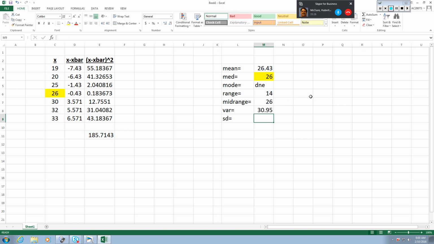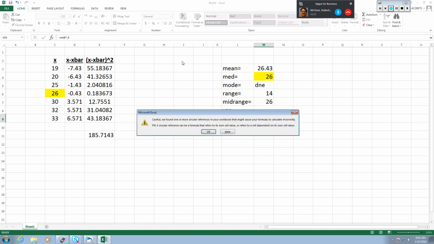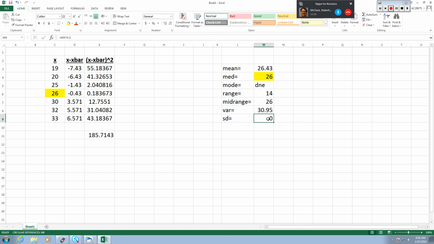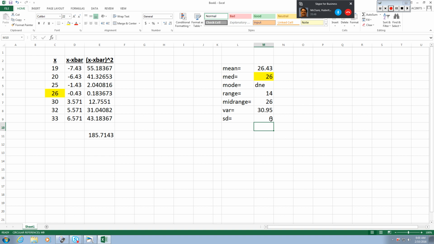And then what is the standard deviation? That number raised to the what? M9 raised to the 0.5 power. Is that not M9? M8, sorry.